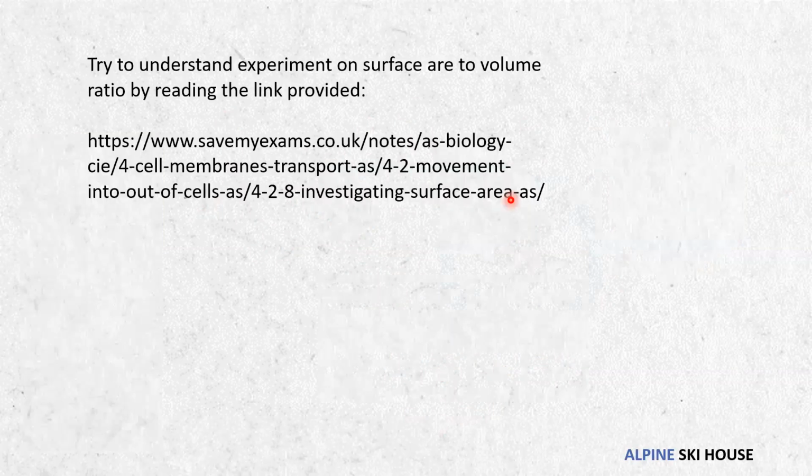Okay. And what I want you guys to do is try to understand surface area to volume ratios. So this is the link. I'm going to send it in the group. You have to go to this link and read up the investigation for surface area to volume ratio.